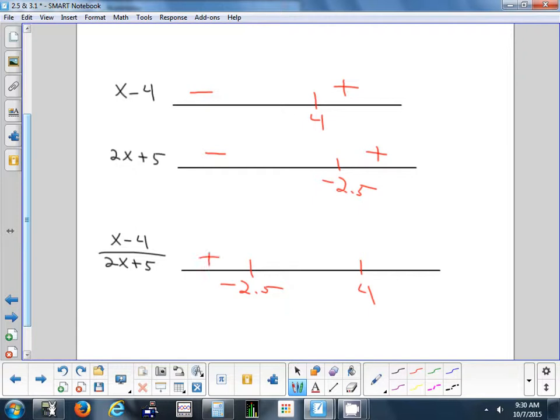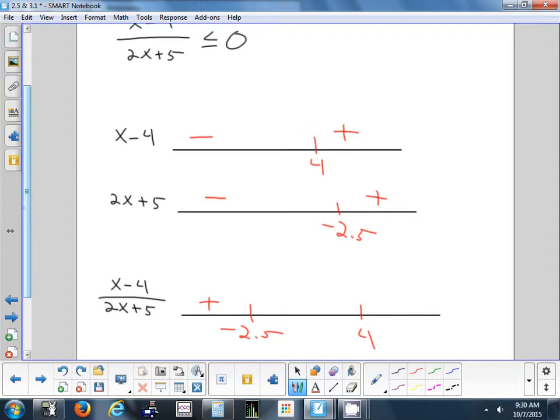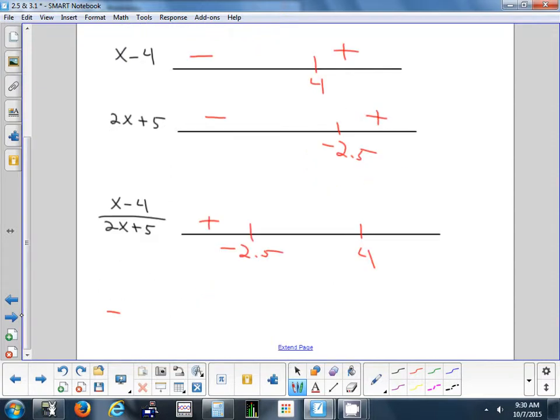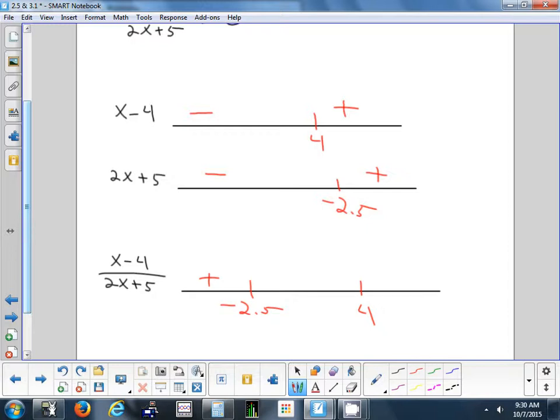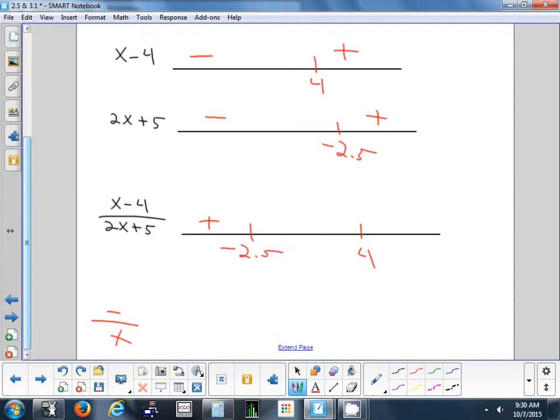Okay. I like to just check one more region. I know the answer should be negative, but let's just check. Between negative 2.5 and 4, I'm negative in the top one. In the bottom one, between negative 2.5 and 4, positive. What's a negative divided by a positive? Negative.